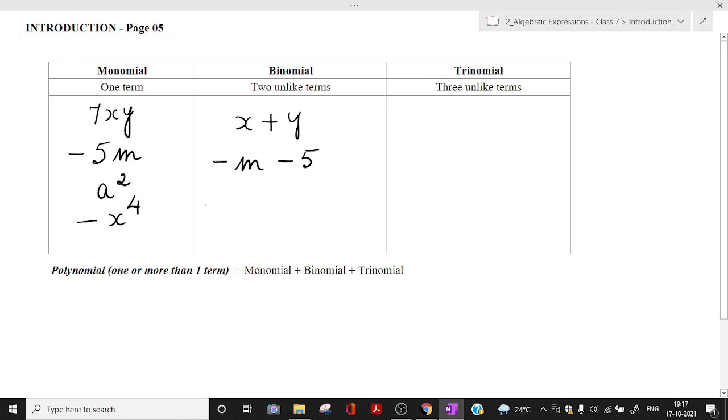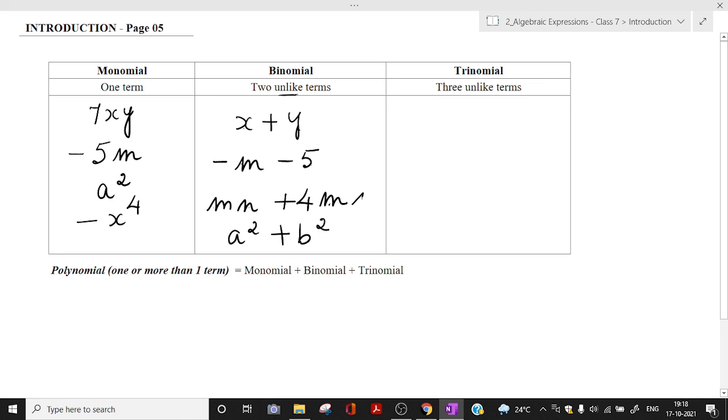Suppose I write mn plus 4m, it is also a binomial. Suppose I write a square plus b square, binomial. Remember here the terms have to be unlike terms. x and y unlike. m and minus 5, unlike. mn and 4m only. It is not mn.